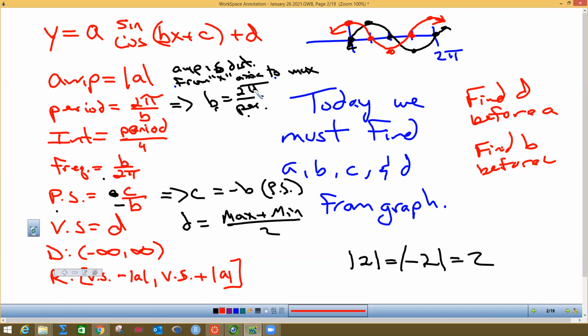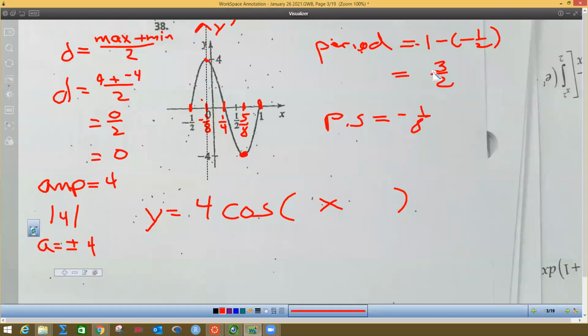And I'm going to find my B by taking 2 pi divided by the period. So if you remember up here, we found the period was 3 halves, right? So B is going to equal 2 pi divided by 3 halves. You're supposed to multiply by the reciprocal of 3 halves.